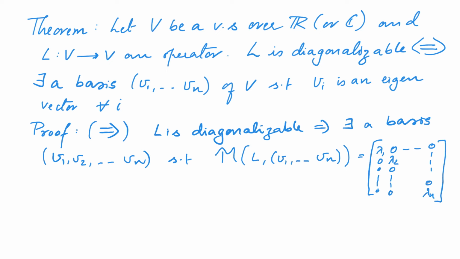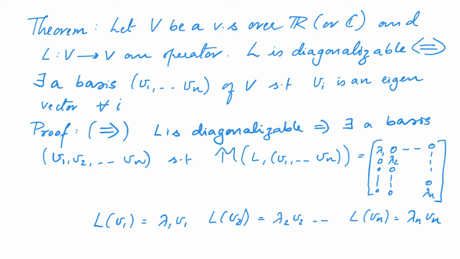Then notice that L of V1 is equal to lambda 1 V1, L of V2 is equal to lambda 2 V2, and so on up to L of Vn is equal to lambda n Vn. Therefore, the basis V1 to Vn is a basis such that every element is an eigenvector. And this completes the proof of one direction.